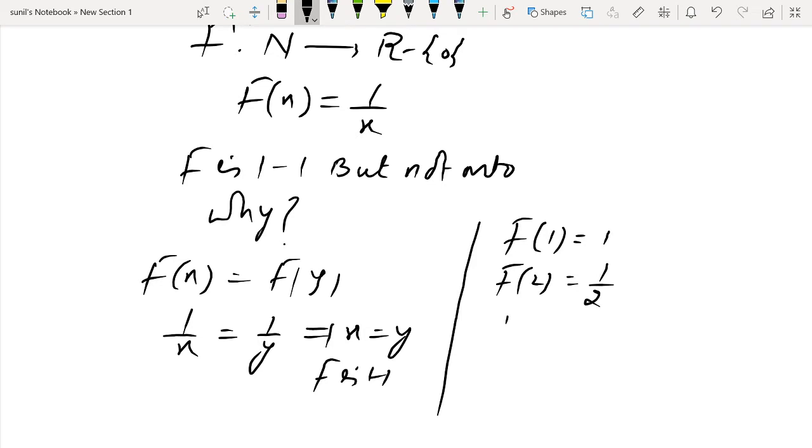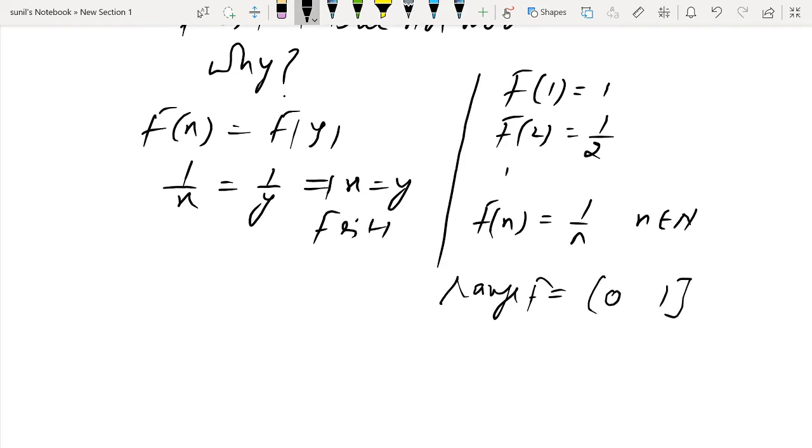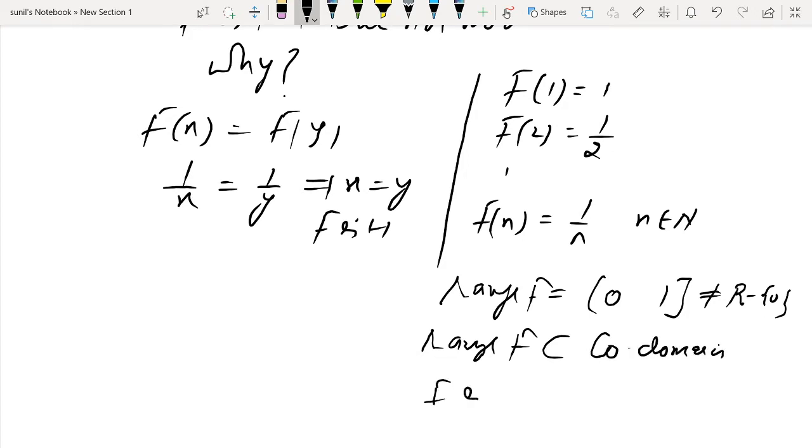Now f at n is 1 by n, and n is a natural number. So you can say that my range set, range f, will be simply the interval (0, 1], which is not equal to R minus 0. So therefore range f is contained in the codomain. So therefore f is not onto.